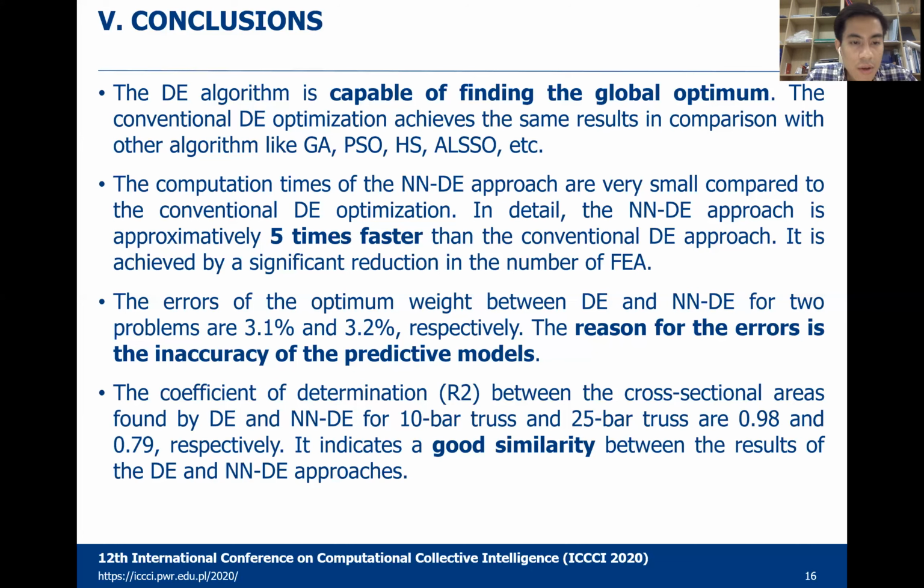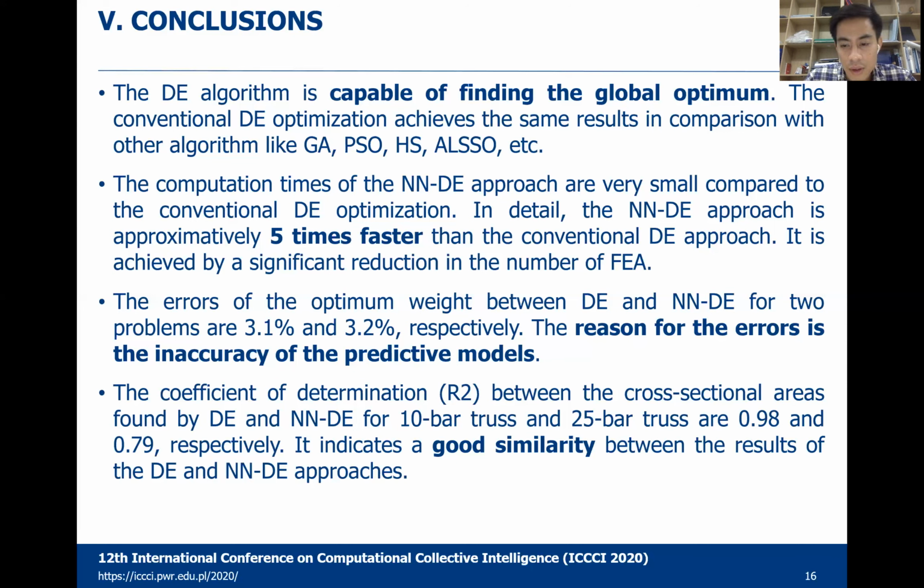Furthermore, the error of the optimum weight between DE and NNDE for the two problems is very small. The reason for the error is the inaccuracy of the predictive model.